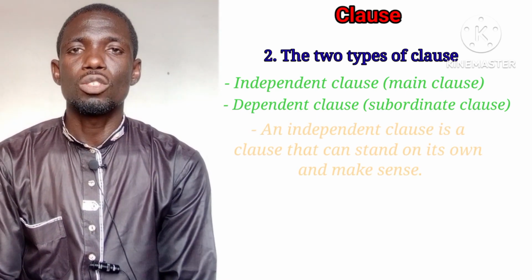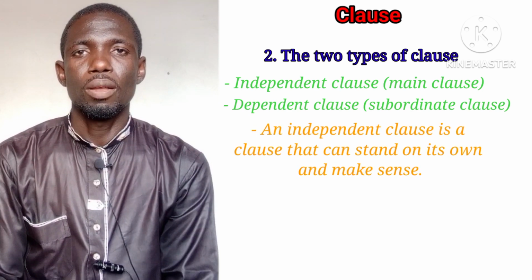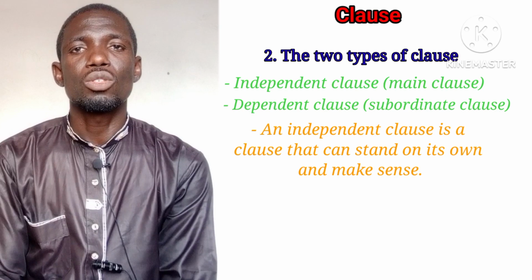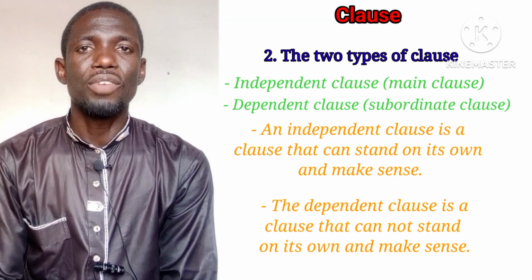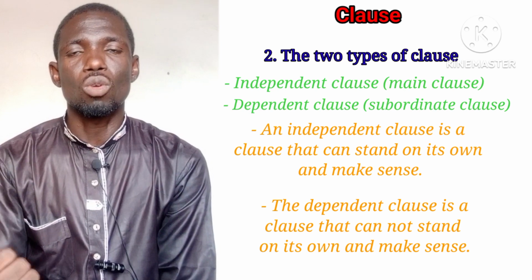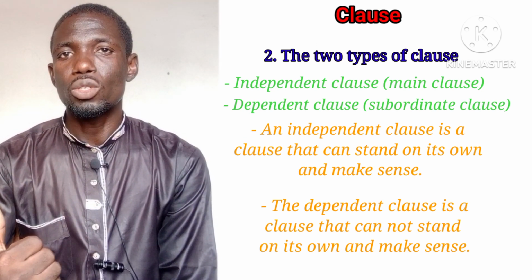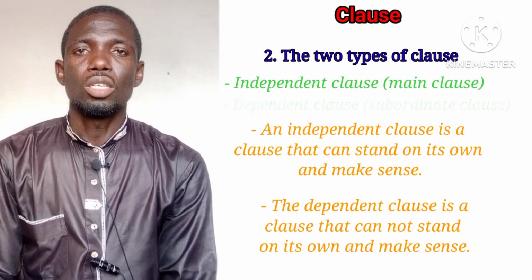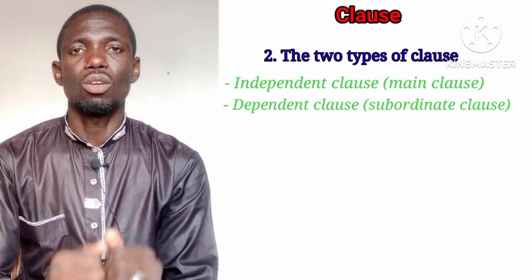An independent clause is a clause that can stand on its own and make sense, while the dependent clause is a clause that cannot stand on its own because it depends on the main clause to complete its meaning. Therefore, a dependent clause cannot stand alone and make sense. So let's look at the examples of the dependent clause and the independent clause.